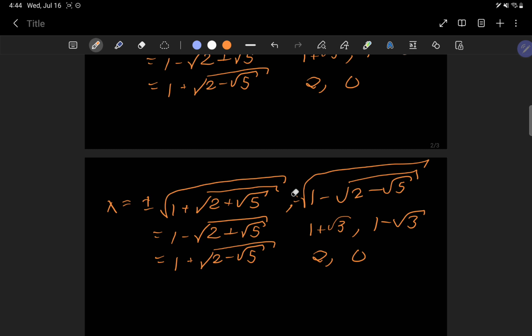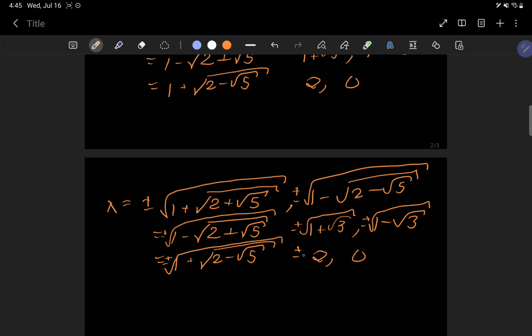That looks like a 7. I'm not used to writing like this. Plus and minus. And then plus and minus 0 is just 0.